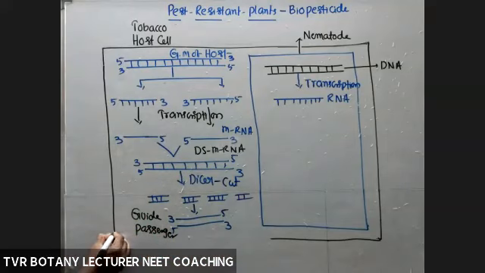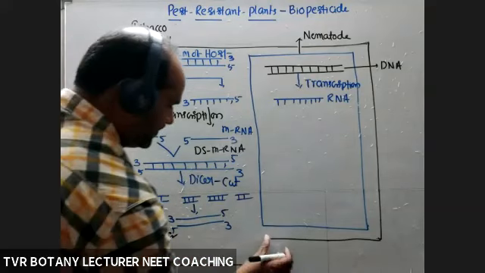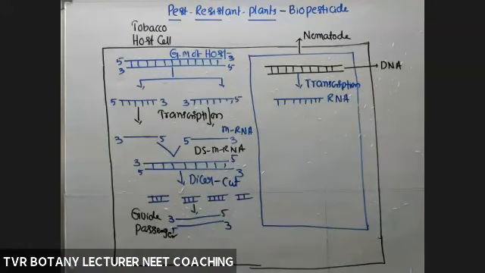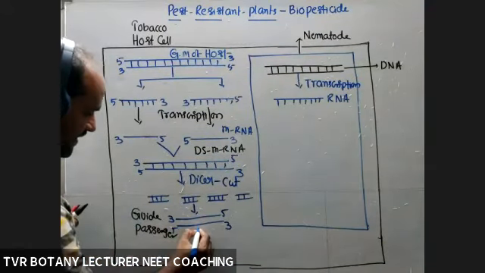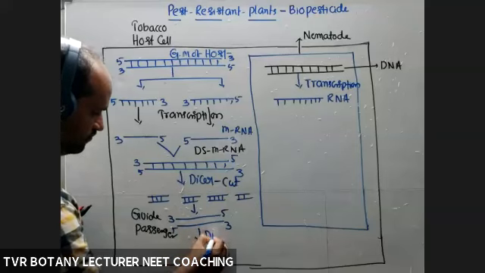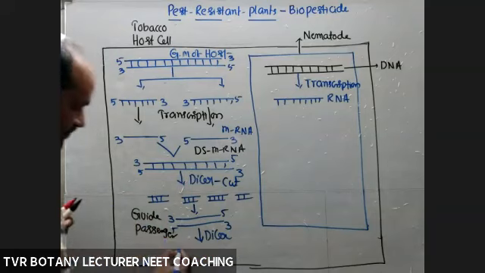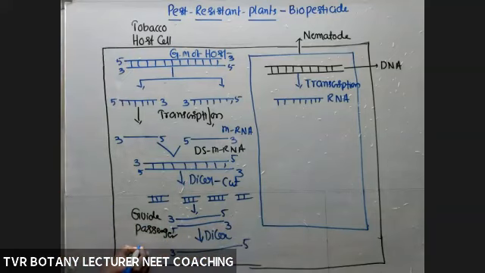Okay, so now the same protein, dicer protein, is able to dissolve the passenger strand and the guide strand is remaining, 3, 5. Guide strand.